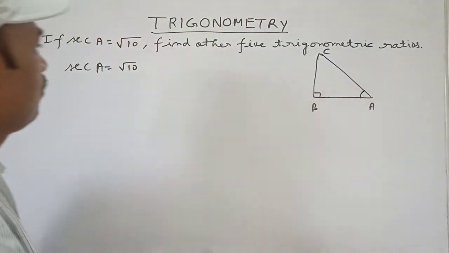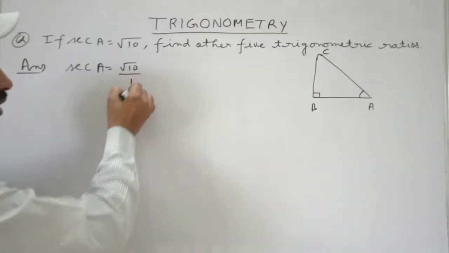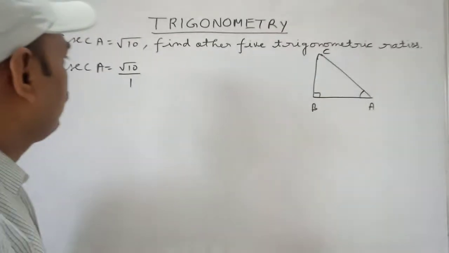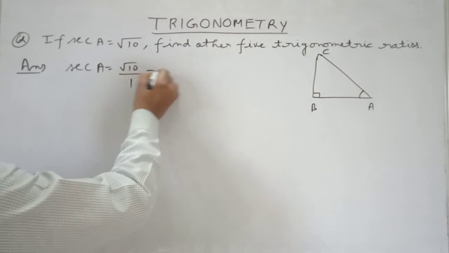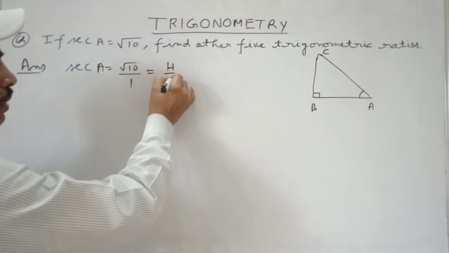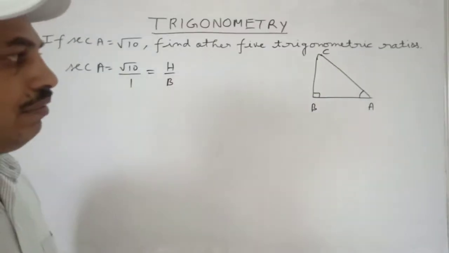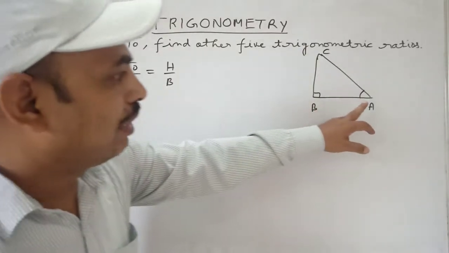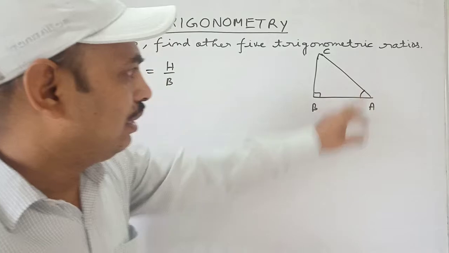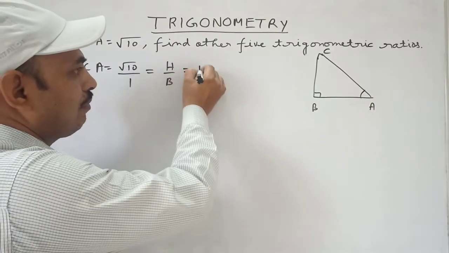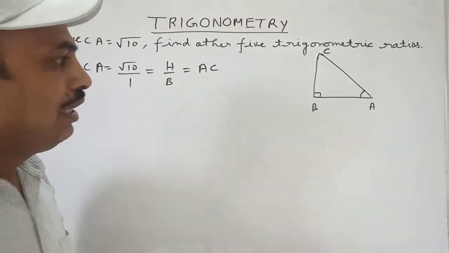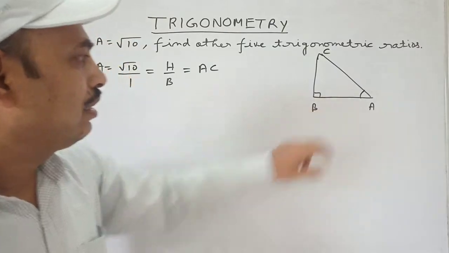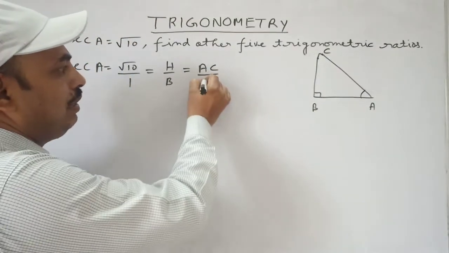Sec A, that is root 10, can be written as root 10 upon 1. Sec is hypotenuse upon base for angle A. Hypotenuse is AC and base is AB.